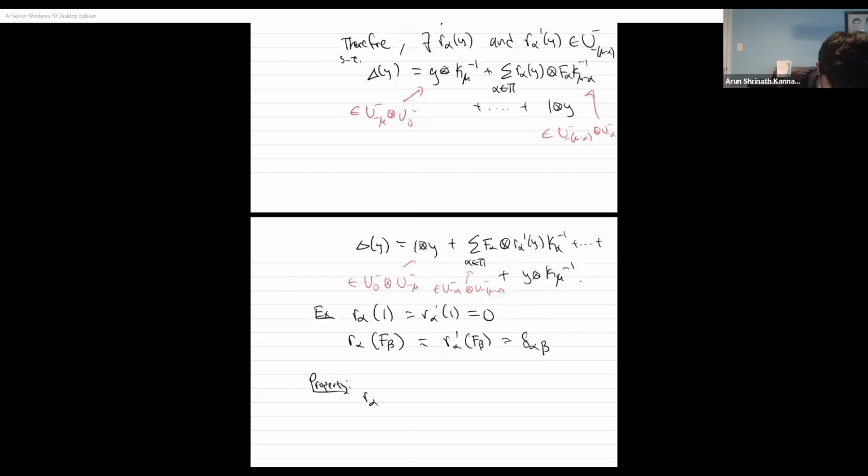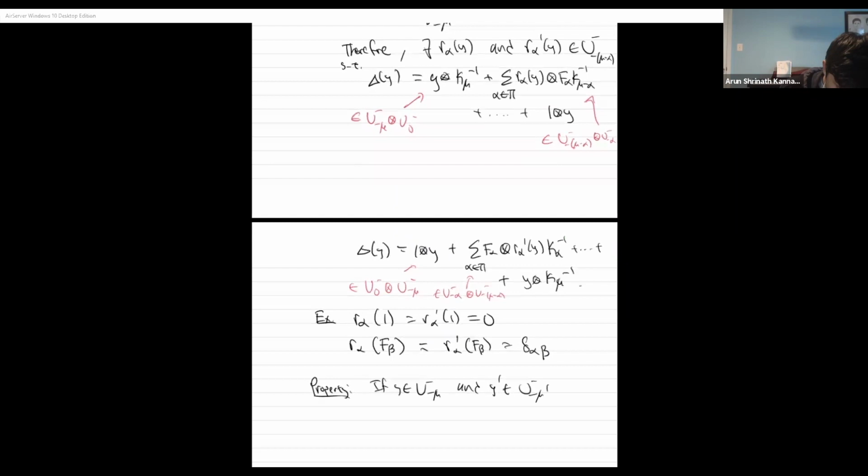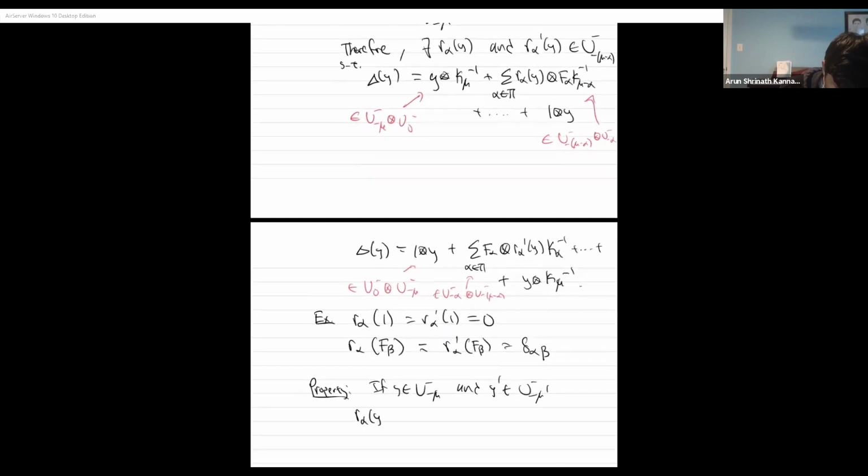If y is an element of u minus mu, and y prime is an element of u minus mu prime, then R alpha of y y prime is equal to q to the alpha mu, y R alpha prime y prime plus R alpha y y prime.